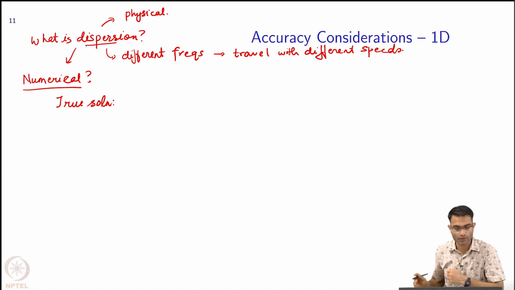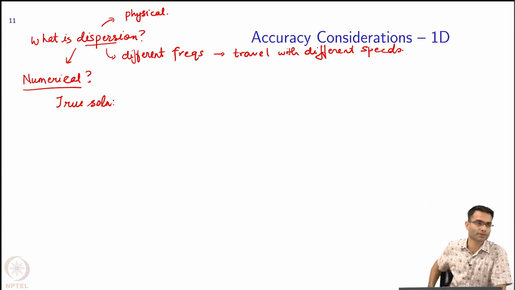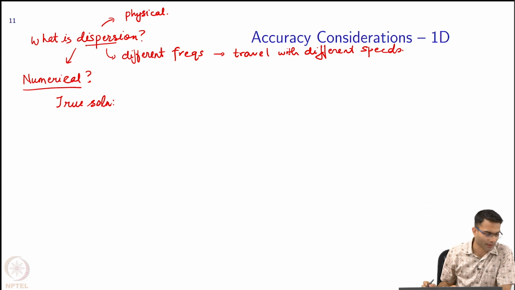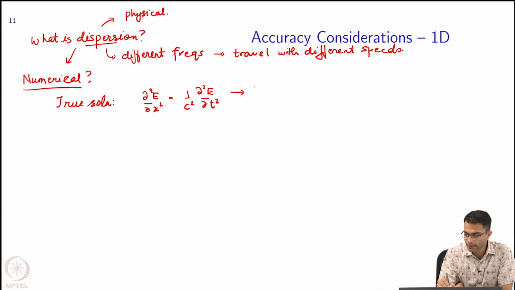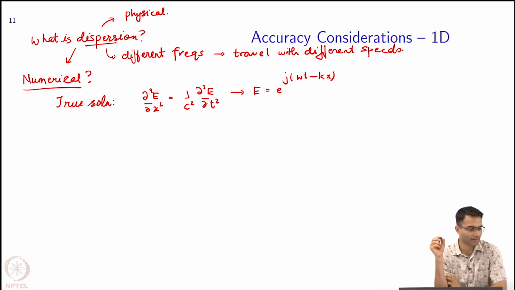You will notice in all of these calculations we use the wave equation a lot, because it is very easy to handle. So, our wave equation gives us the second derivatives of space and time for the electric field. Okay. And this gives us a solution of the form, we all know this, omega t plus minus kx.